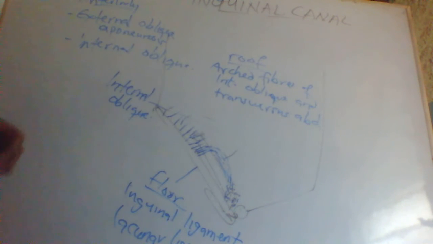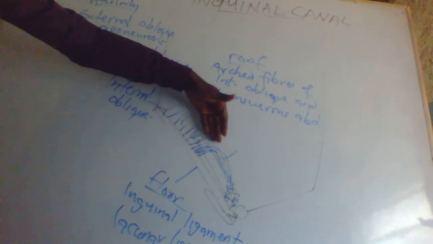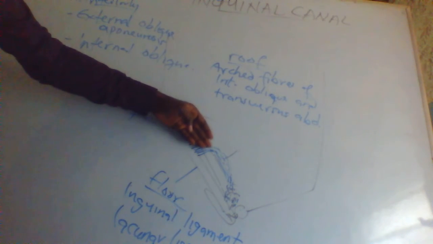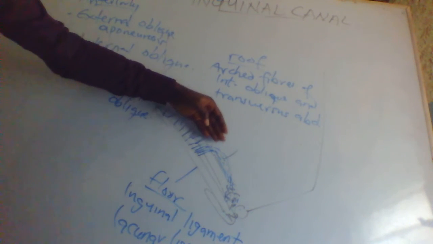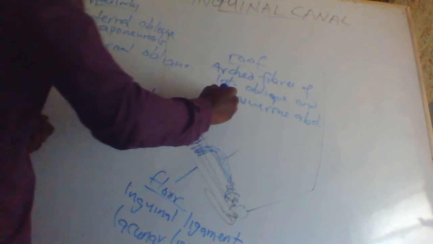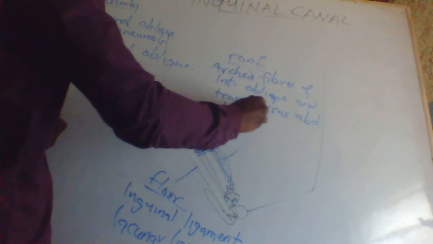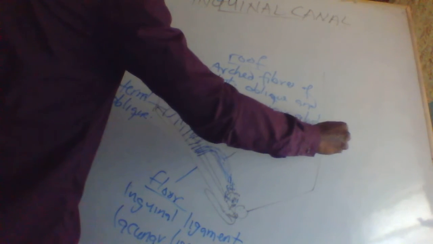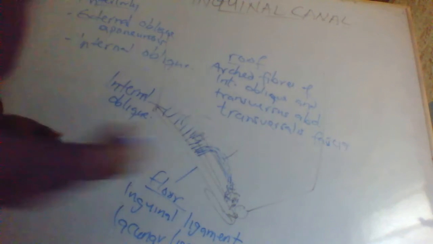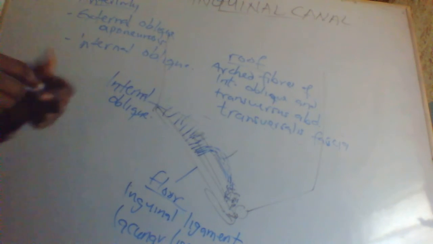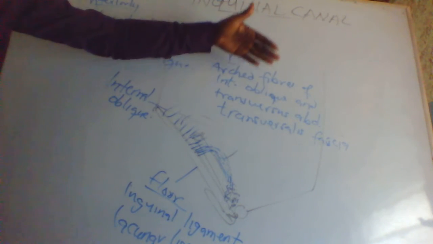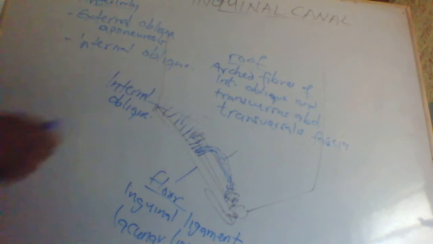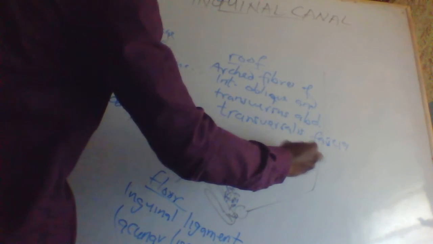Also, where the internal oblique was in front, that superior part was covered by transversalis fascia.